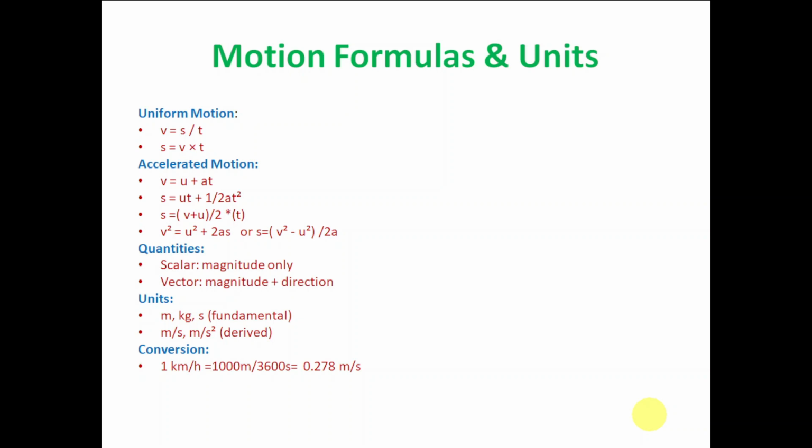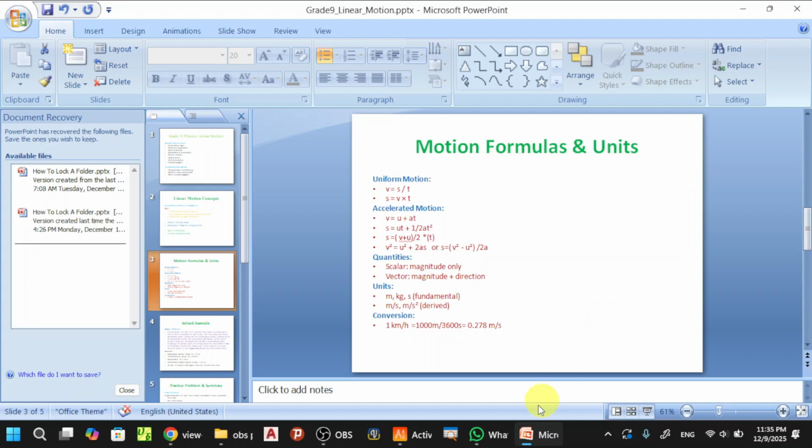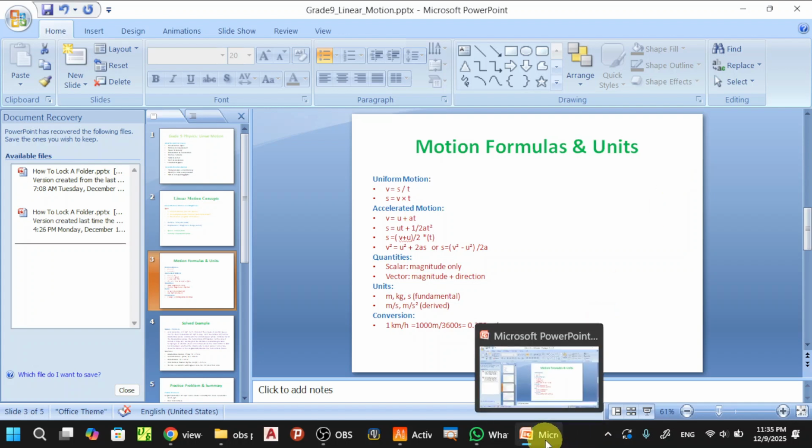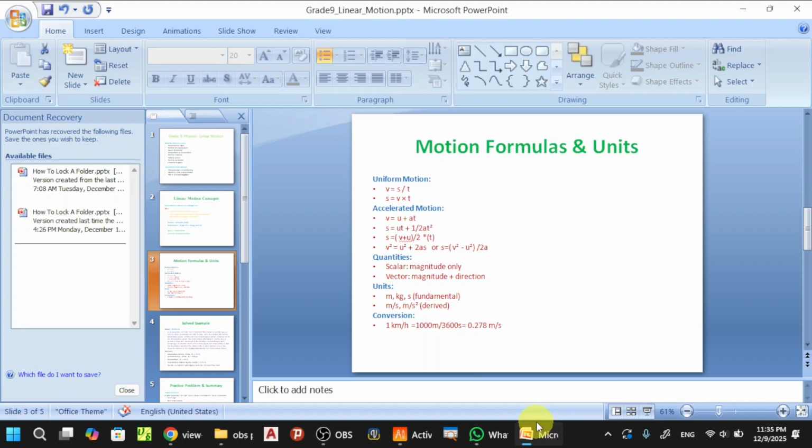At that time you have to convert everything to the same SI units. The SI unit of distance is meter, and the SI unit of time is second. When we express speed in SI units, it's meter per second.